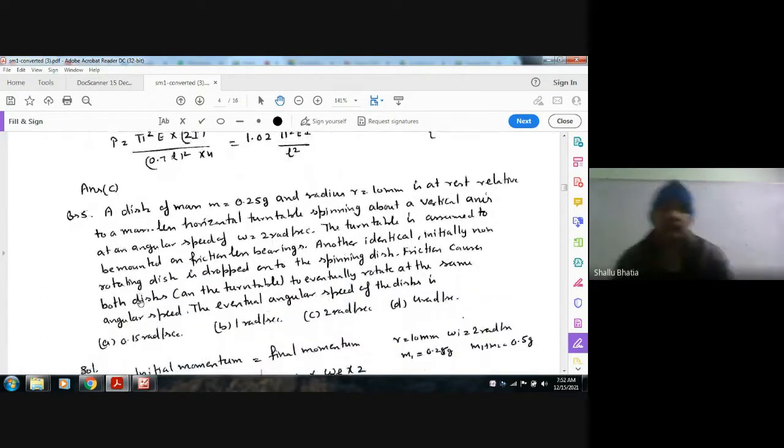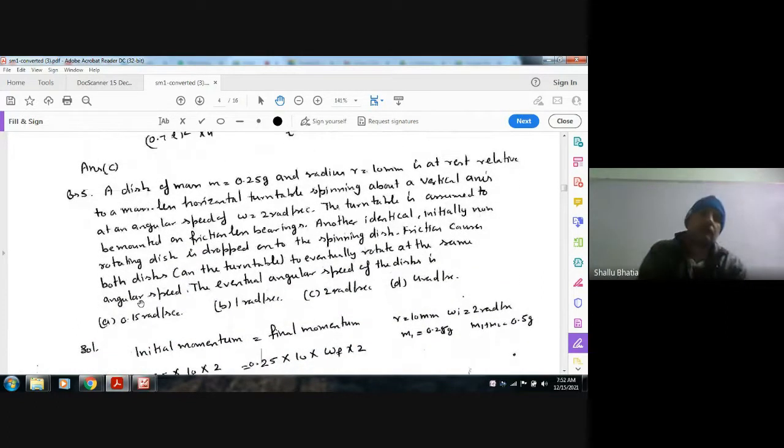Next, a disk of mass 0.25 gram and radius r equal to 10 mm is at rest relative to a massless horizontal turntable spinning about a vertical axis at an angular speed of omega equal to 2 radian per second. The turntable is assumed to be mounted on frictionless bearing.